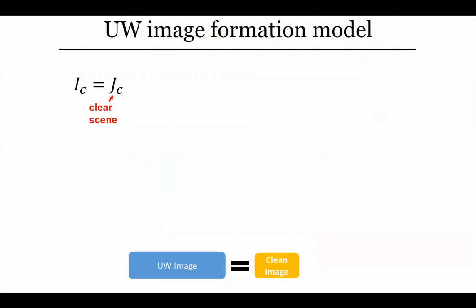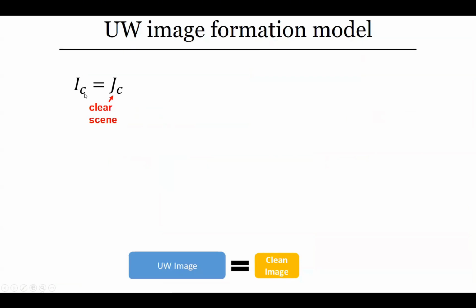Okay, so I'll start by just saying a few words about the underwater image formation model. So what we get is an image, let's call it I, and this image has different color channels like RGB.